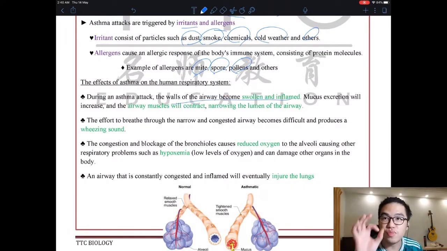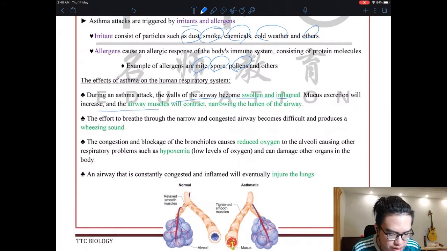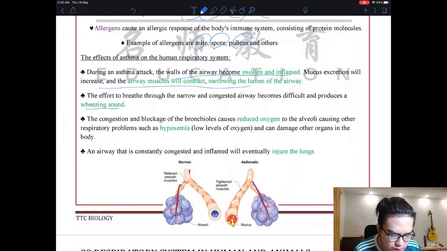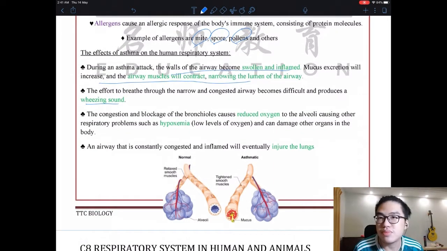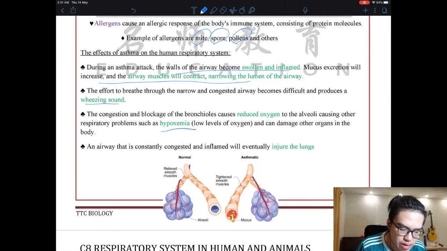So you're choking yourself because the airway gets smaller. You're suffocating. So mucus excretion will increase, airway muscle will contract, narrowing the lumen, and it will produce a wheezing sound. So you get hypoxemia. Hypoxemia means less oxygen. And then it will injure your lungs.